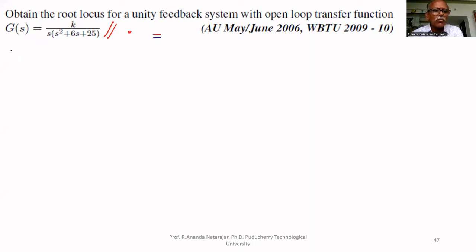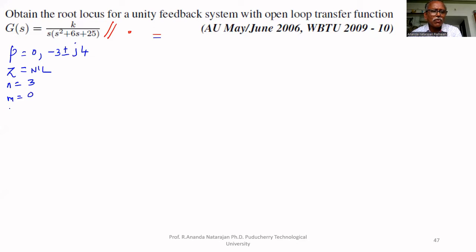The open loop poles are p equal to 0, minus 3 plus or minus j4. Zeros, no zeros, z equal to nil. Therefore, n equal to 3 and m equal to 0.